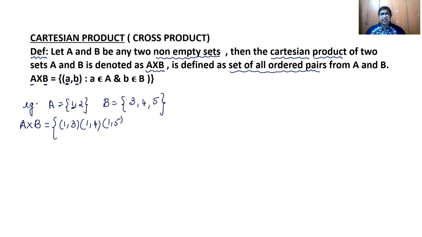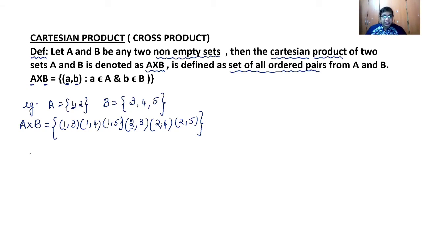Similarly for the other element, 2: (2, 3), (2, 4) and (2, 5). So I have completed all the elements from the first set, and this is my answer. Hope the idea is clear. The first elements, 1 and 2, are from the first set. The second elements, 3, 4, 5, are from the second set. That is the Cartesian product.